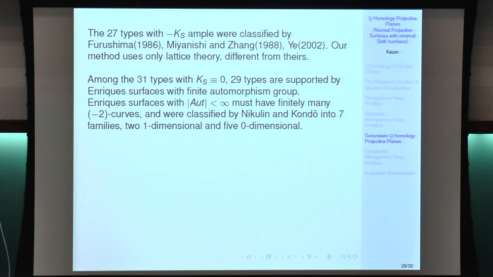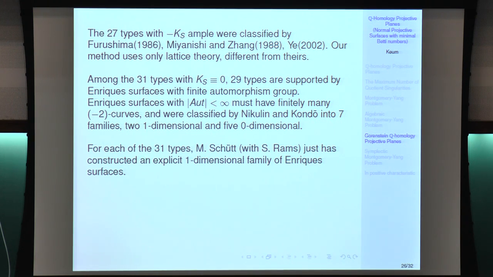But NK surfaces with finite automorphism group must have finitely many -2 curves and were classified by Nikulin and Kondo into 7 families. 2 of them are one-dimensional and 5 of them are zero-dimensional. A general NK surface has infinite automorphism group. So these NK surfaces are rather special among the 10-dimensional moduli of NK surfaces.